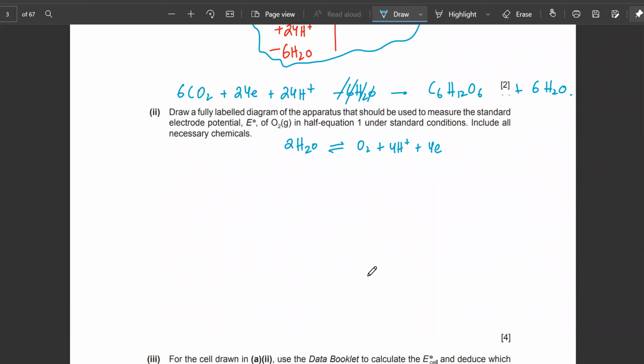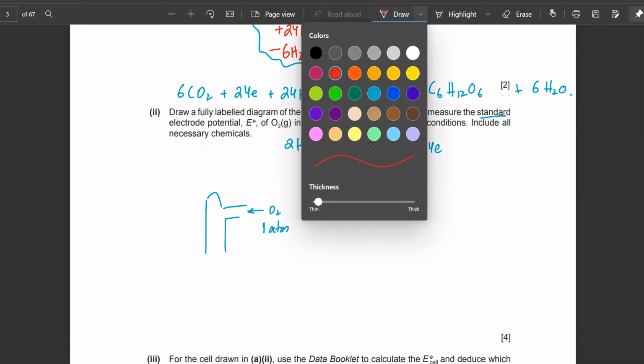Now you have to construct an electrode. Because it involves a gas, you need a gas jar. So you're going to take a gas jar, and the gas jar would have O2 gas being pumped in because he's using the term standard. So you have to mention the standard conditions as well. It's going to be at 1 atmosphere pressure. Now in the gas jar, you're going to put a platinum electrode.